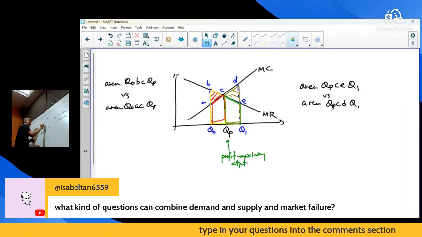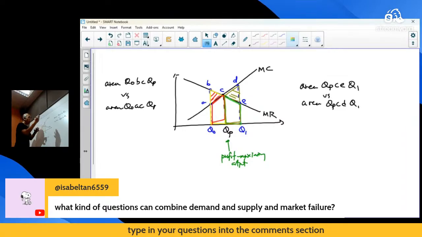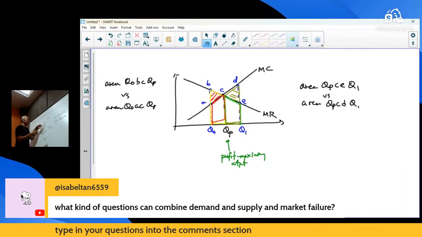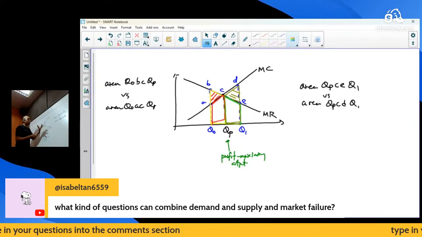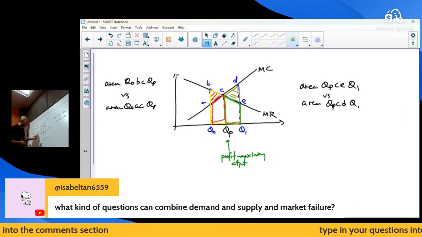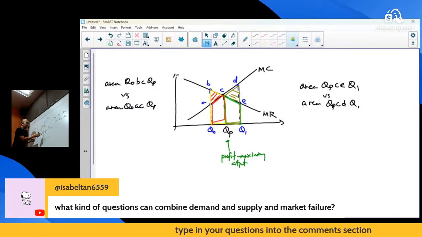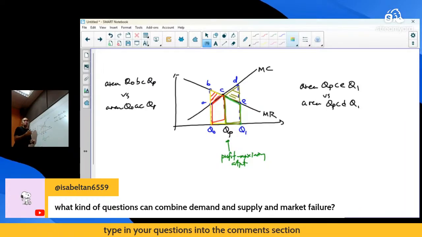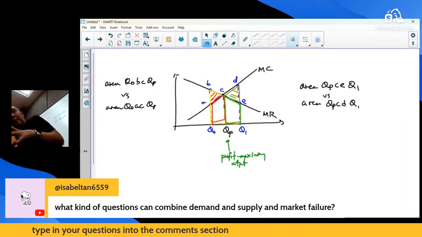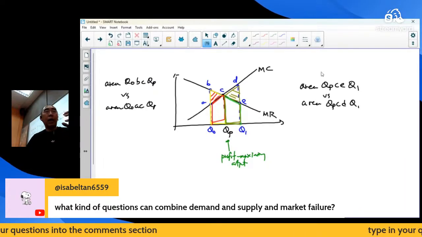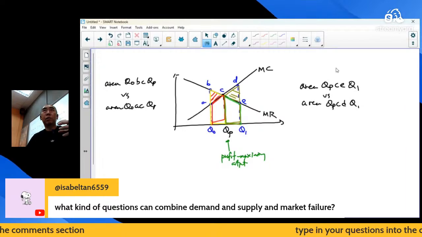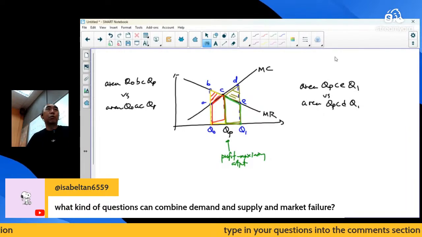Then you find that the firm will actually end up having more cost than revenue increase. So CDE becomes the decrease in profit. So this proves that the firm is better off at QP in terms of profit compared to Q0 or Q1. So this explains why the firms will decide to produce at QP.